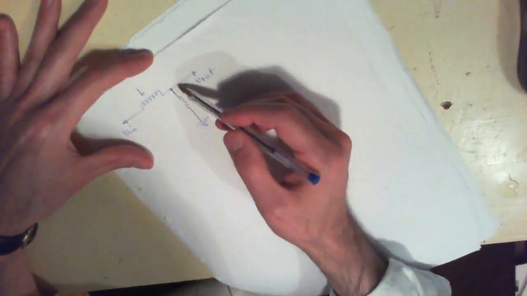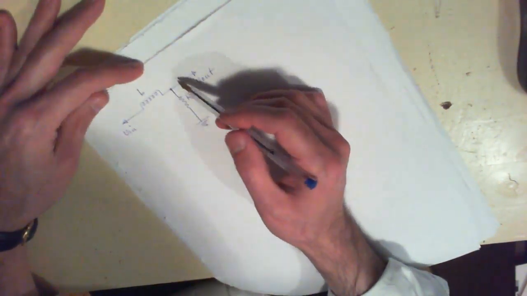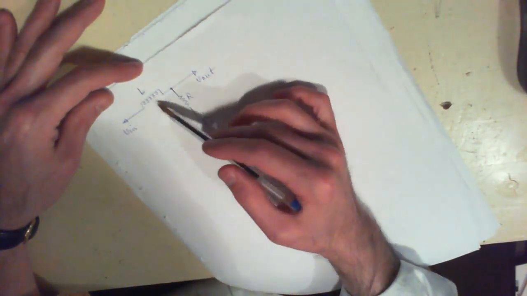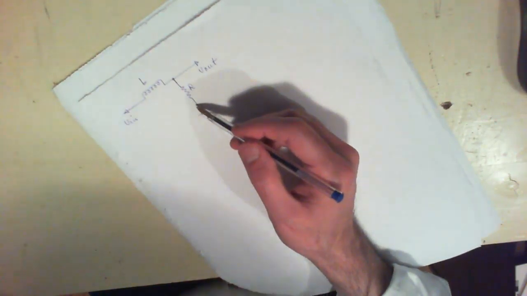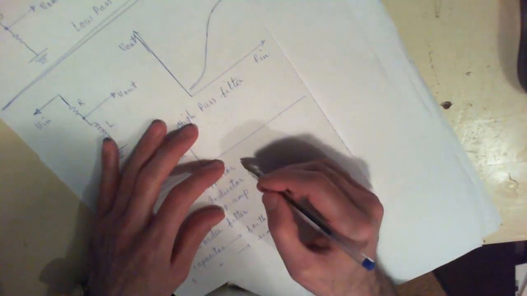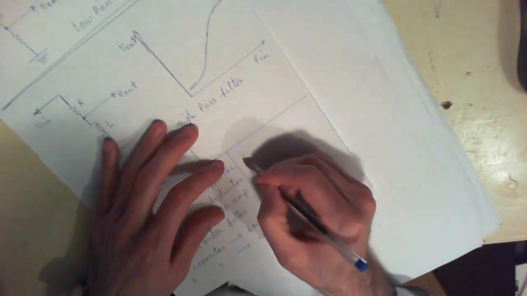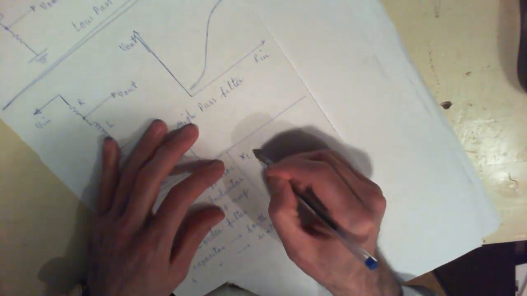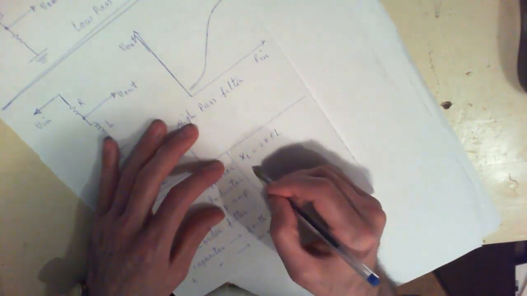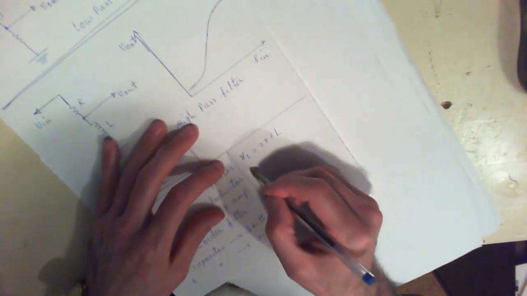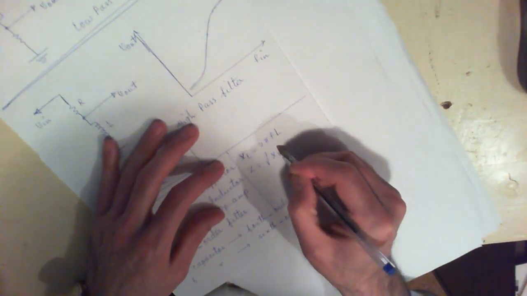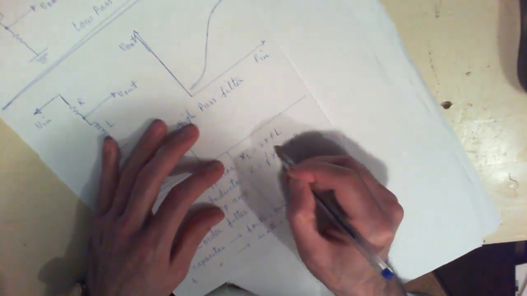And so the way that your voltage changes with frequency in this circuit is that the more that you increase your frequency, you know that in the case of an inductor, X of L is equal to 2 pi F L, and your Z is equal to the square root of X of L squared plus R squared.